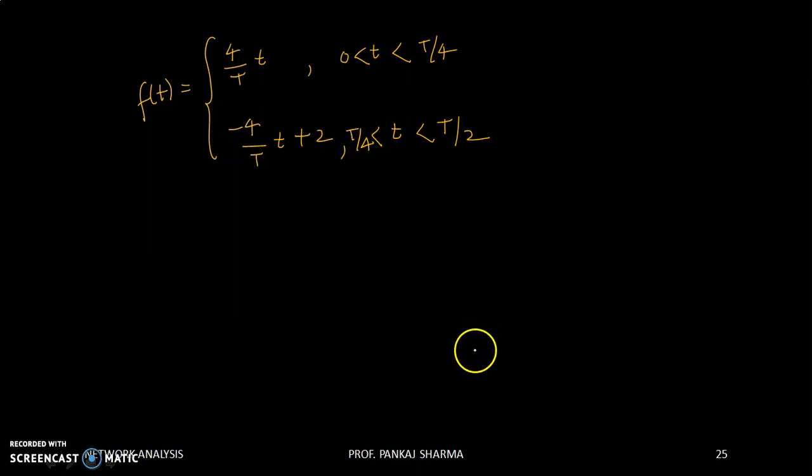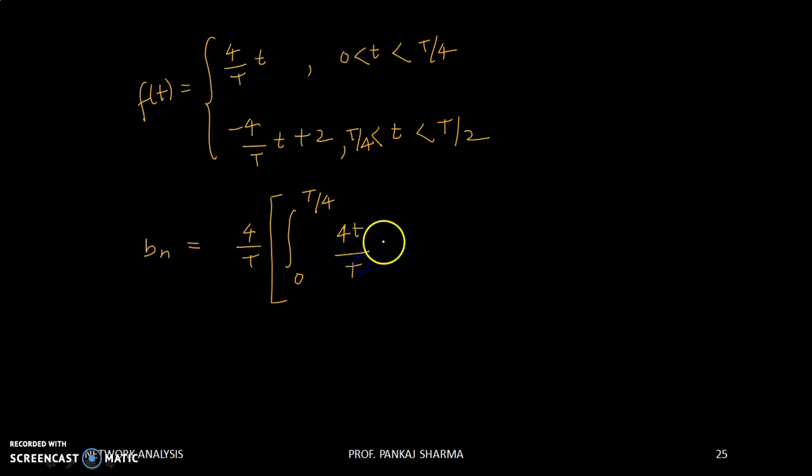Now we can have Bn is equal to 4 by T integral from 0 to T by 4 of 4t by T sin n omega t dt, plus integration from T by 4 to T by 2.